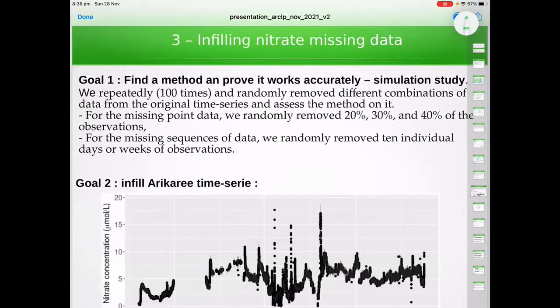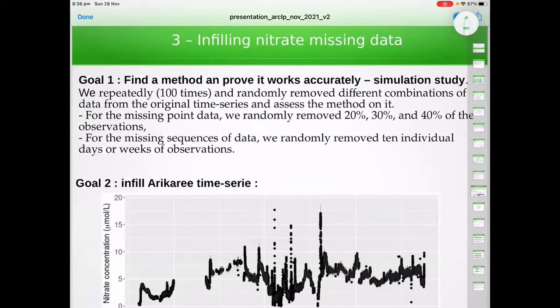In the simulation study, we used the real data, but we removed some observed data to create missing data. We have done two kinds of simulation study.